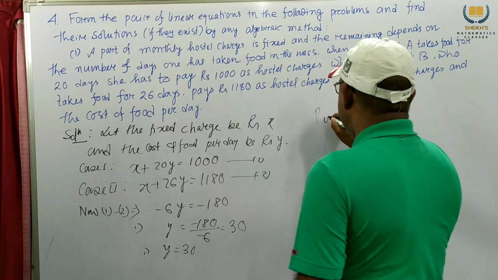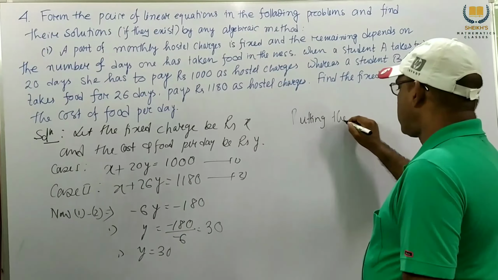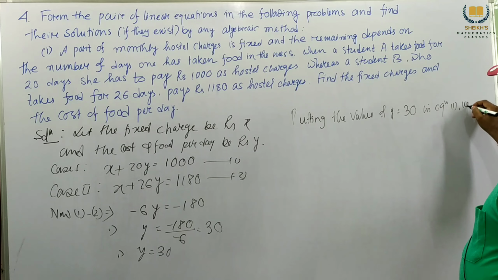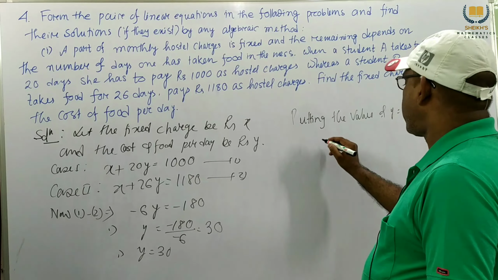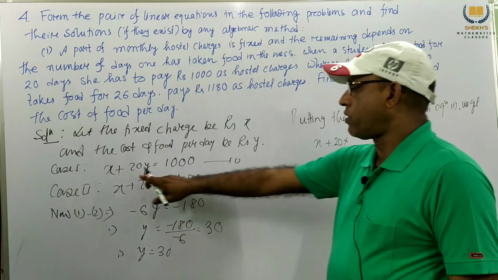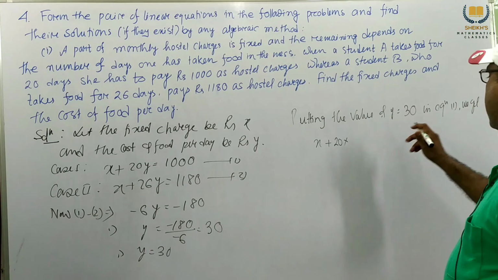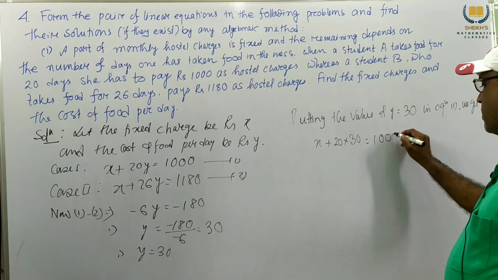Putting the value of y equal to 30 in equation 1, we get, here no restriction, we can put in 1 or 2 also. We get x plus 20y, y is 30, equal to 1000.